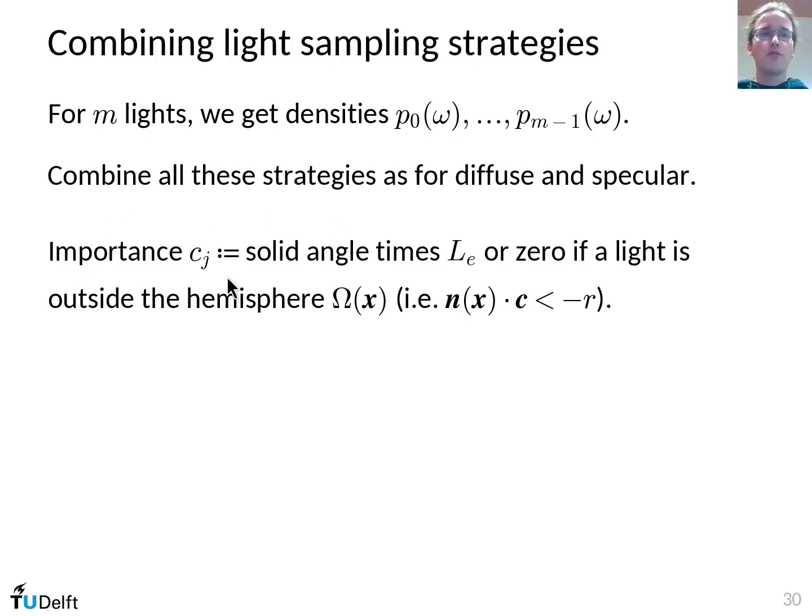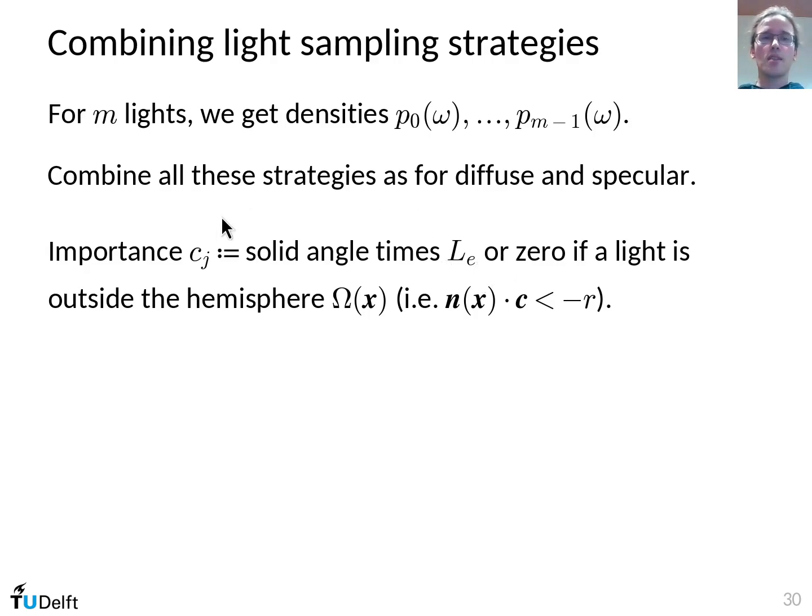The only thing we have to make up our mind about is what we want to use as an importance. And the importance that I decided to use in my renderer is the solid angle of the light source. We just saw how to compute this, multiplied by the emitted radiance of the light, which is constant across its surface.